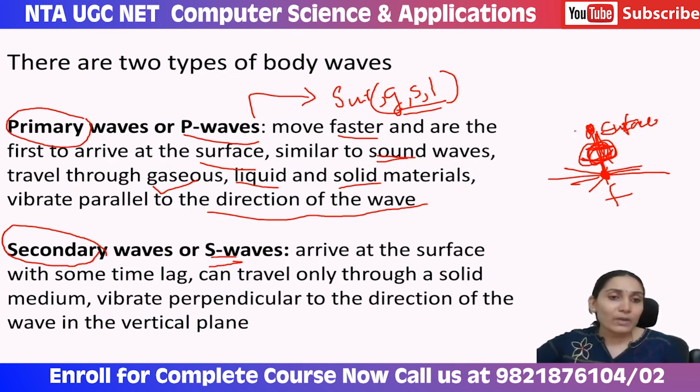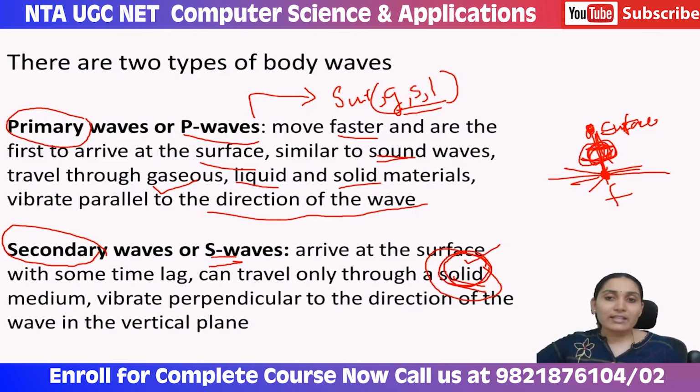Second one is secondary waves, and they arrive at the surface with some time lag and they can travel only through a solid medium. So these are two important things about secondary waves. Secondary waves arrive at the surface after a time lag. They are not very fast like the primary waves. And the second thing is that they can travel only through the solid medium.